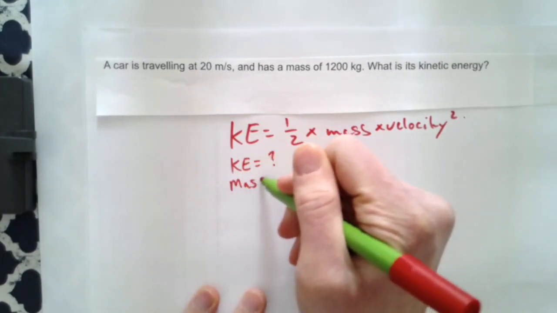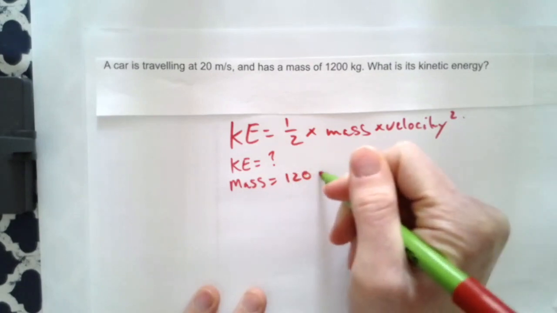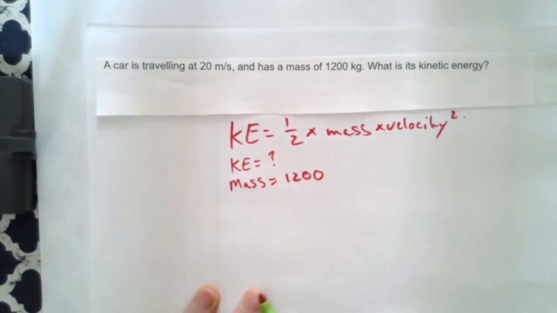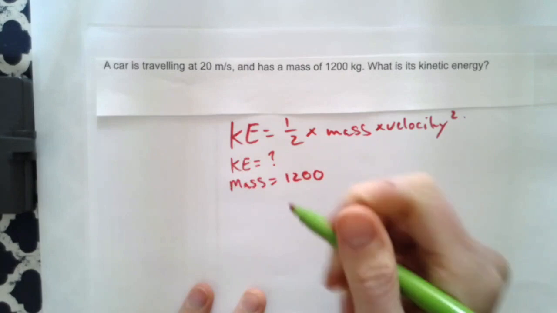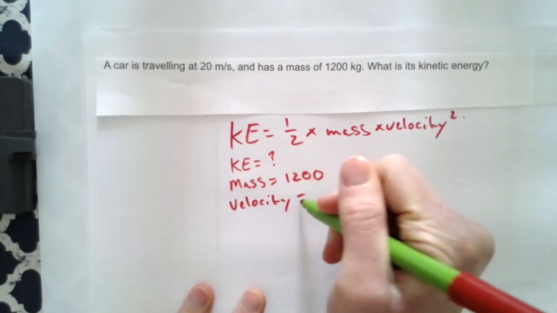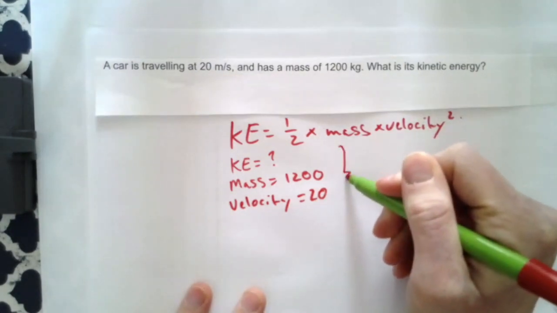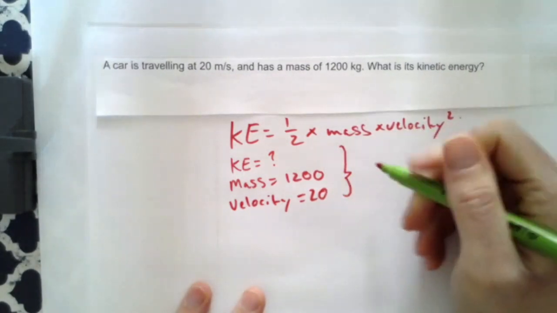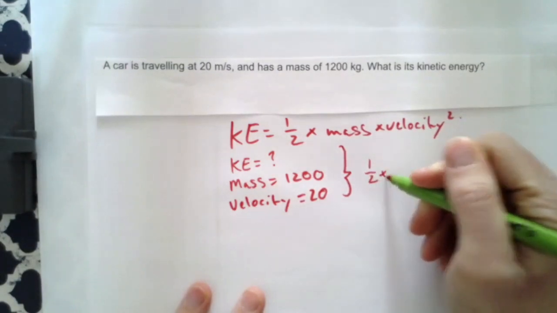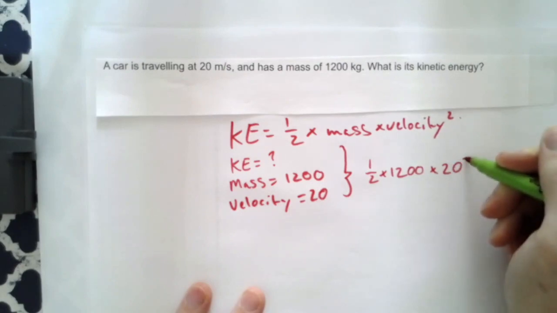My mass is 1,200. My velocity or speed is 20. Okay, so then we just put that into my equation at the top here. 1/2 times 1,200 times velocity squared.